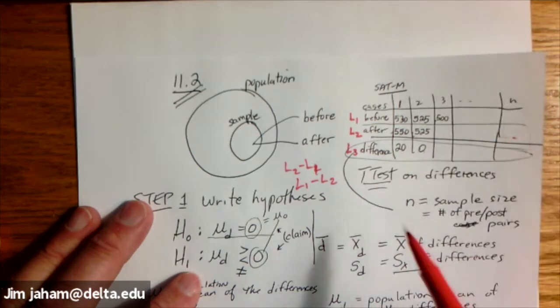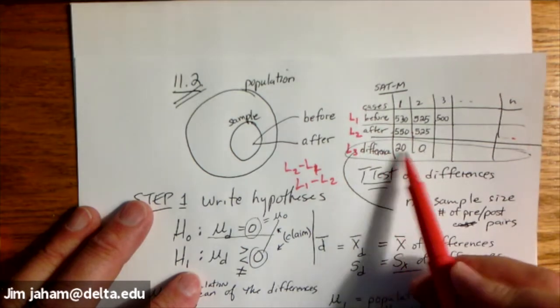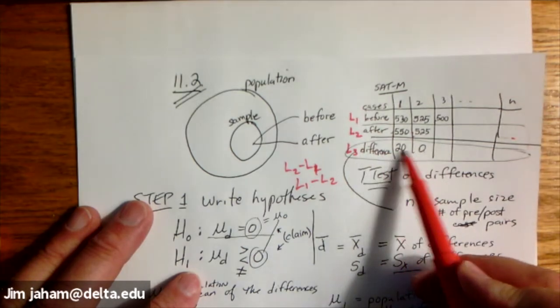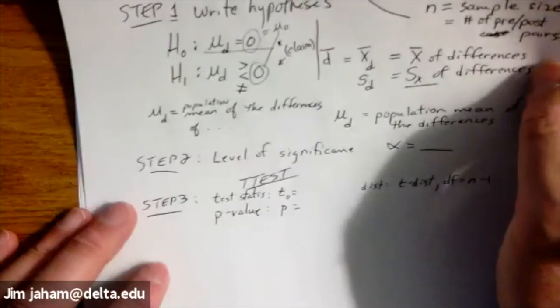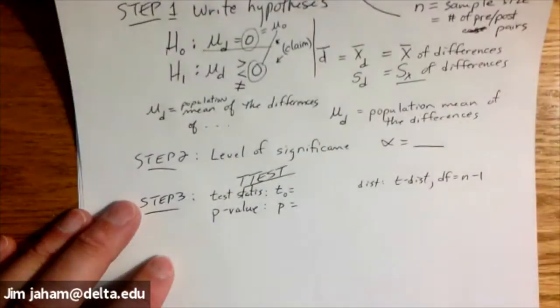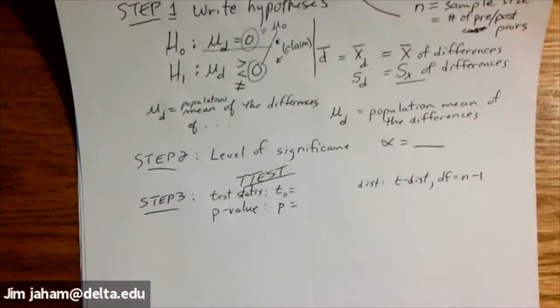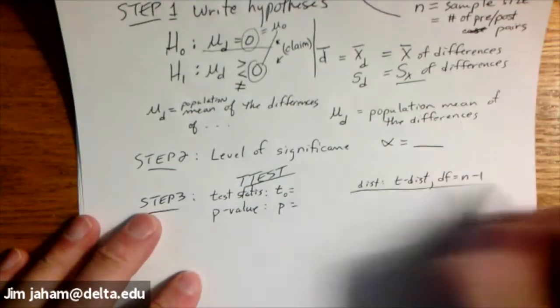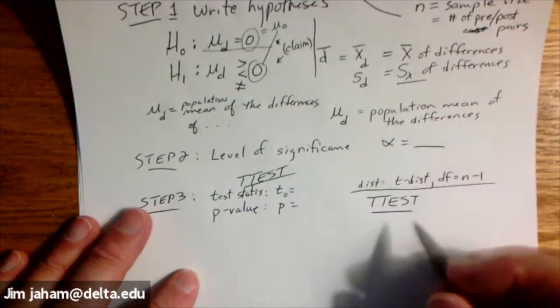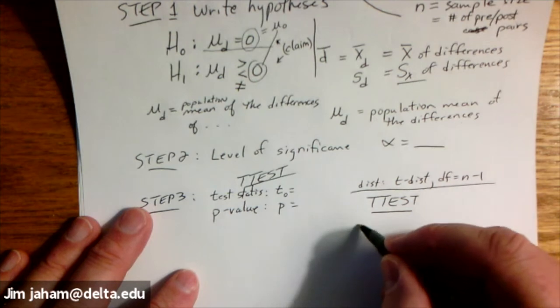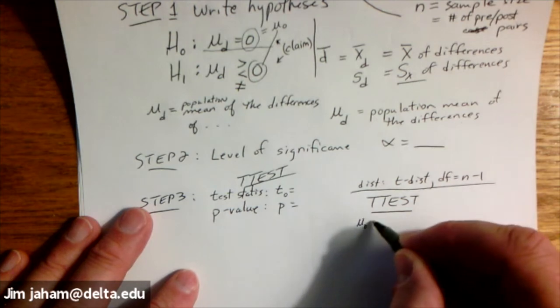Now, since our numerical values are going to be sitting in L3, this is what the t-test inputs would look like. So we're going to run the t-test, and the first thing it's going to ask for is the mu0 value.